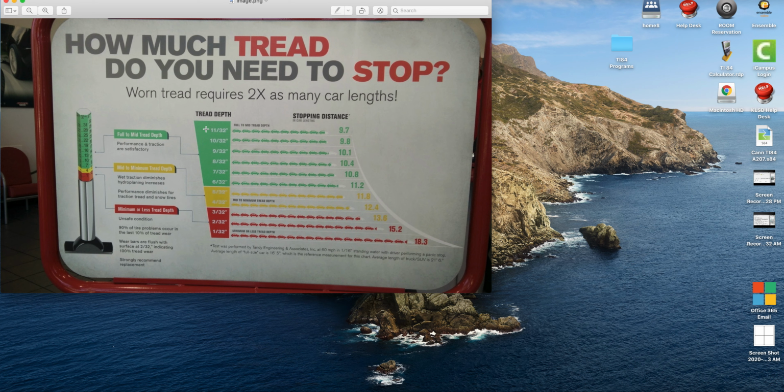Now, car length, what are we talking about, 10 feet-ish for an average size car? Yeah, for a small to mid-sized car in length. So we're talking about a difference of 90 feet. That's a pile up on the highway. That's a lot of dead people.